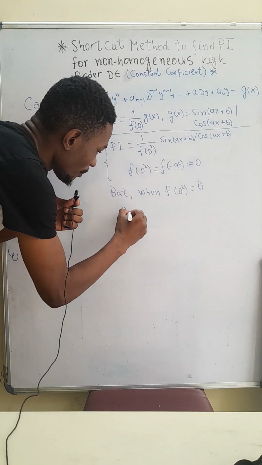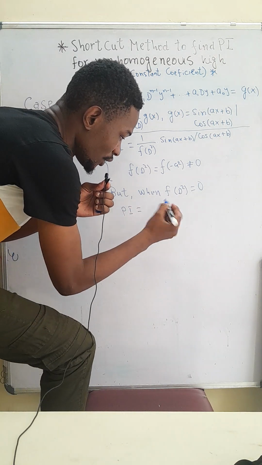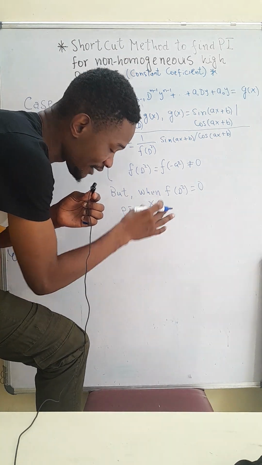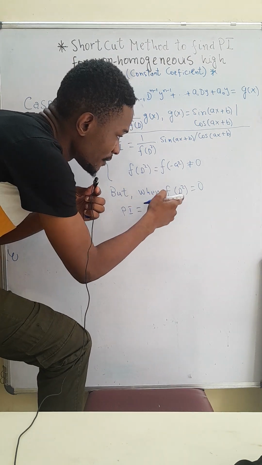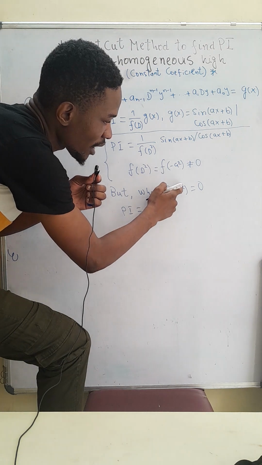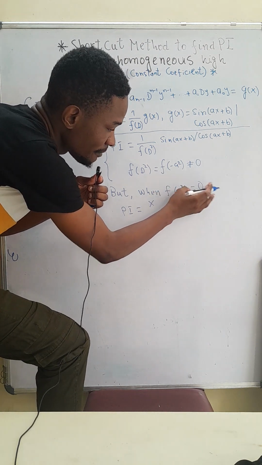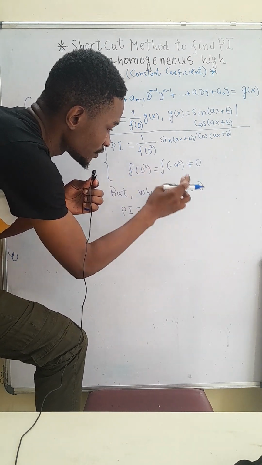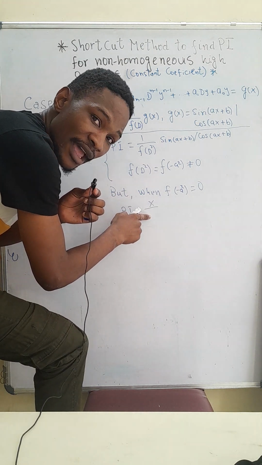You just check: as we know, we have to multiply by x, then derive the term f of d. Suppose you put f of minus a square in the function, and this expression gives you 0. Then you will have to add x and derive one time.